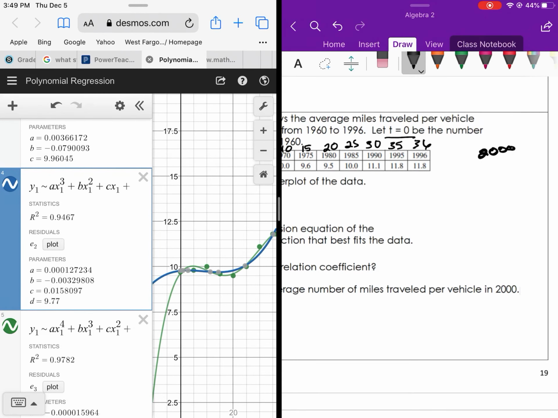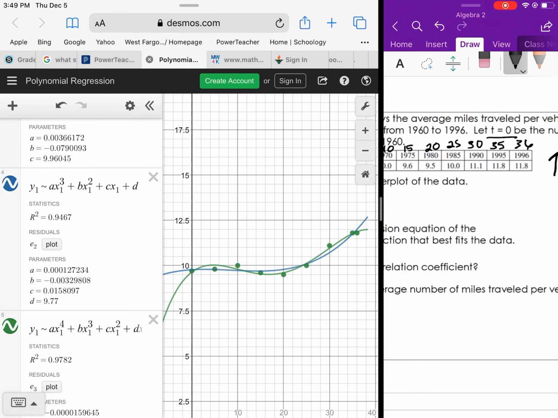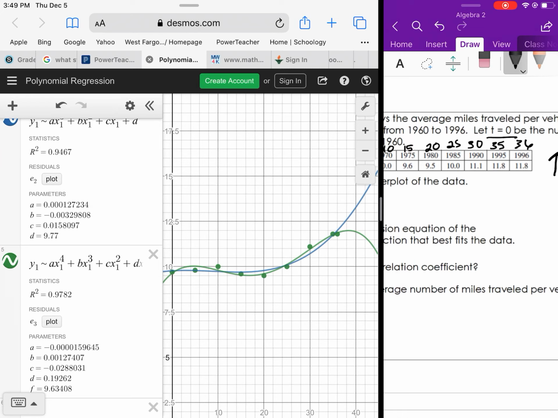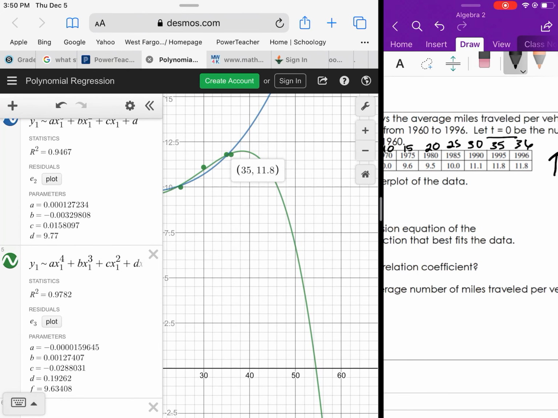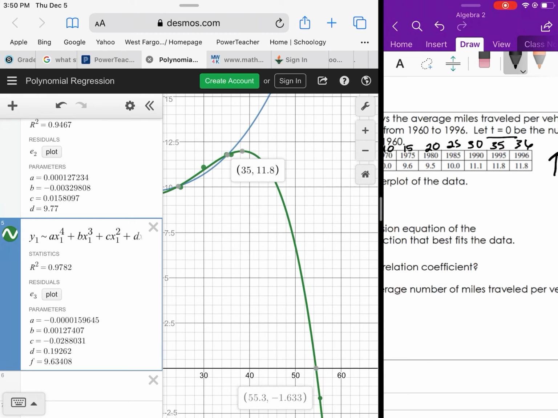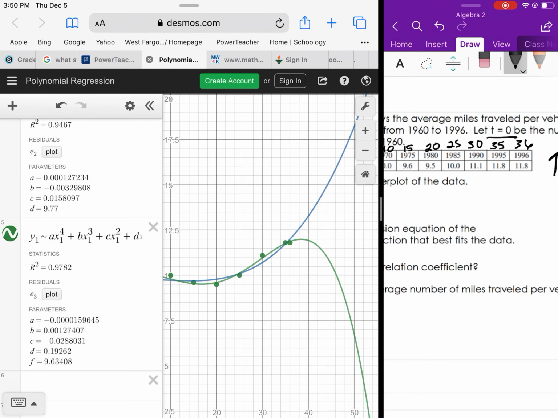So I would guess that this is going to continue to increase, which means my quartic model doesn't make sense because I have an a value that's negative. So all of a sudden at the end here, this model is dropping to negative infinity. So I'm saying that after 1996, all of a sudden people just stop driving their cars. Well, that doesn't seem to make any sense.